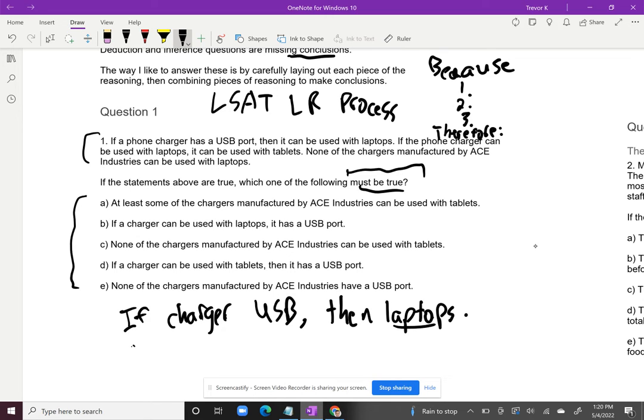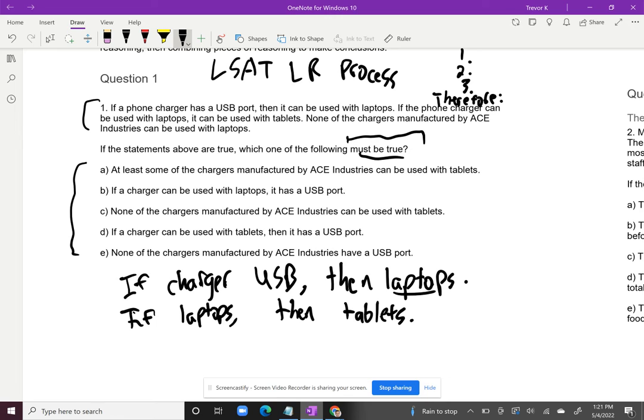Notice how we repeat laptops here: laptops, then tablets. And then we get: none of these specific Ace chargers can be used with laptops.